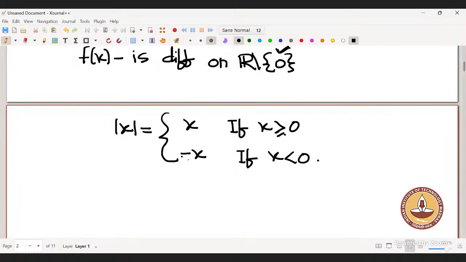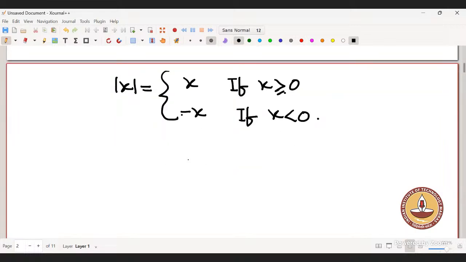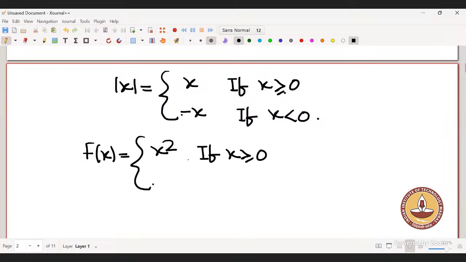So if I split my f of x, it is x square for x greater than or equal to 0, and minus x square for x less than 0, right?